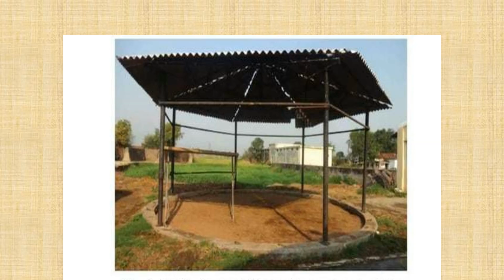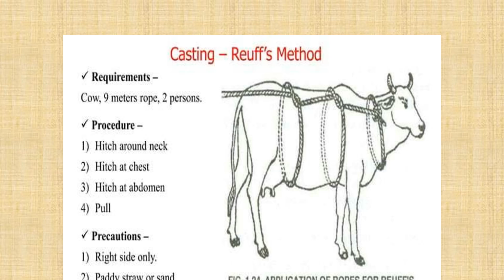Then there is another thing called the casting pit. Everywhere in the hospital, this is called the casting pit, which is made up of mud and also some part of sand. Whenever there are big dairy farms, etc., they should always prefer to have a sand shed, like the one shown in this photograph.